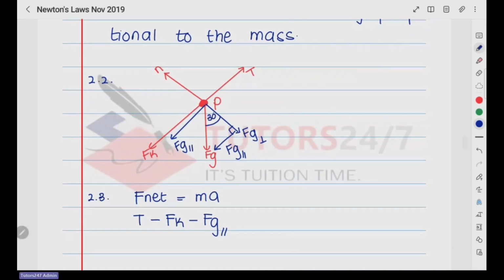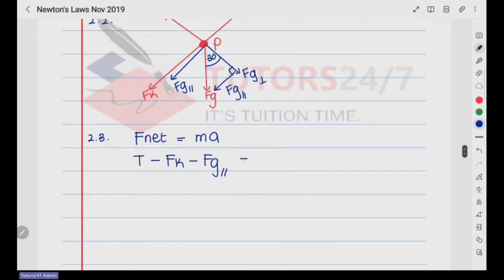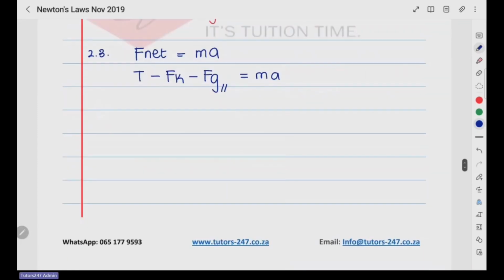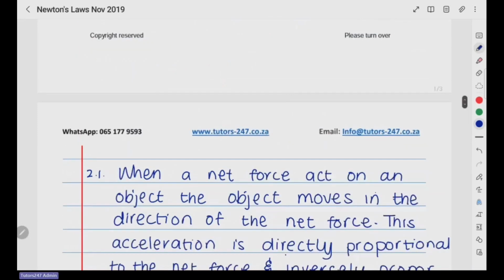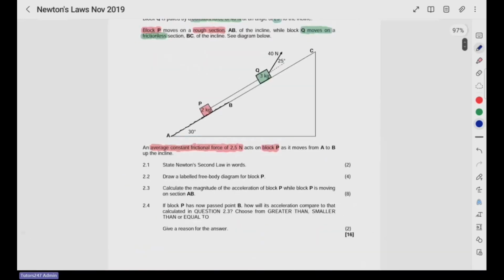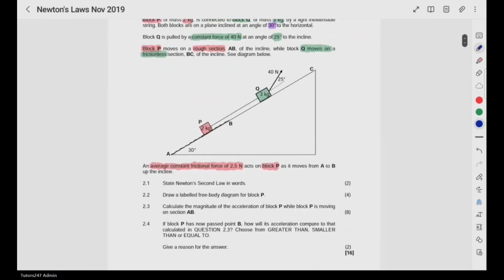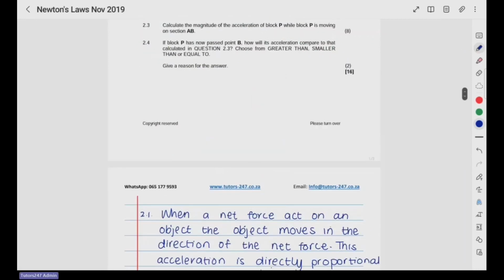Now from here, this is equal to mass times acceleration. Now we know that tension is unknown minus Fk. Now what is our value of Fk? 2.5. That is correct.